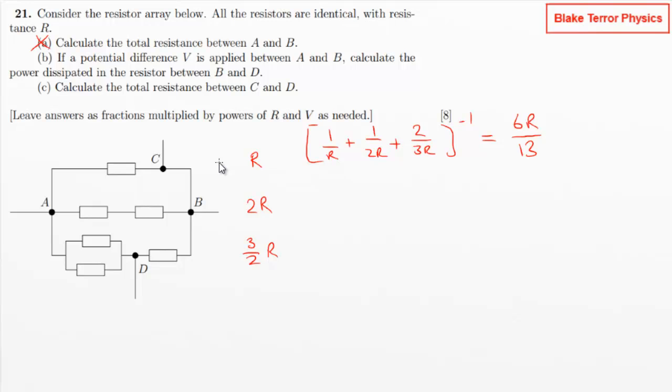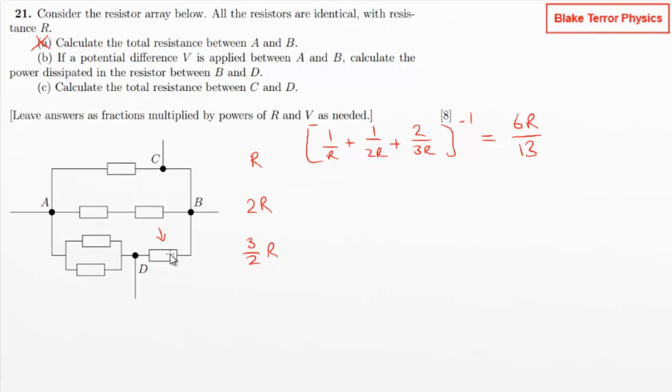Then we move on to, they're putting an actual potential difference across that, asking what's the power dissipated in the resistor between B and D. Right, so that's there. So on that particular branch, that resistor is going to have 2/3 of V as a potential difference, because it's 2/3 of the resistance across that branch.